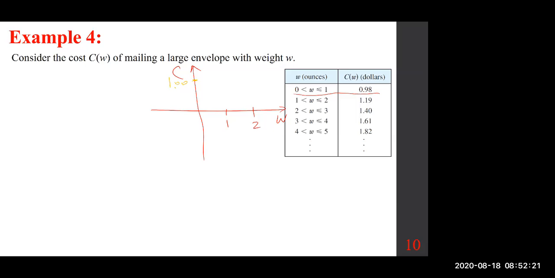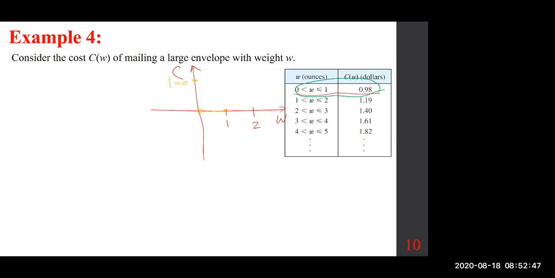So along the x-axis, I'm looking at this portion. 0 is not included, 1 is included. So what would be the graph? Let me use a different color, just for this portion, nothing else.